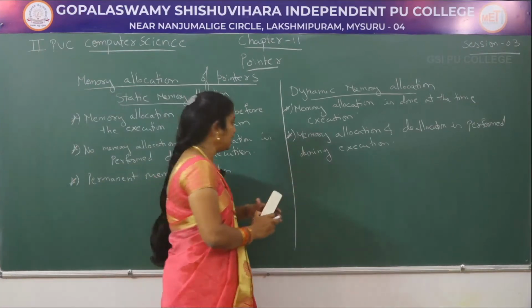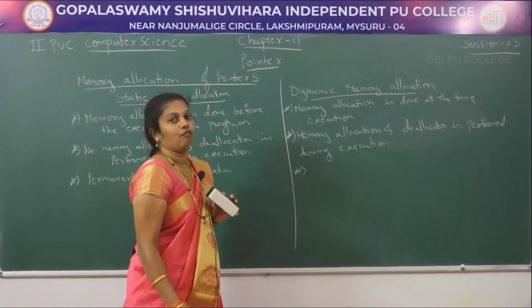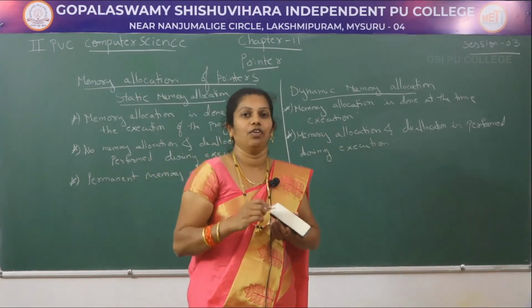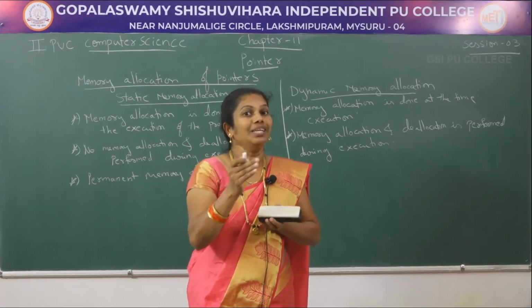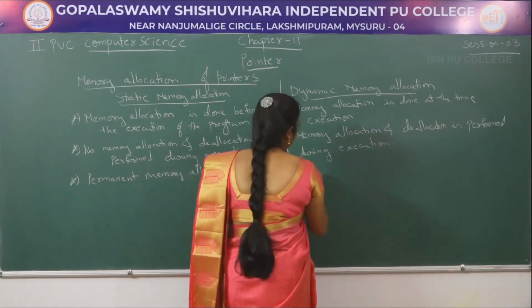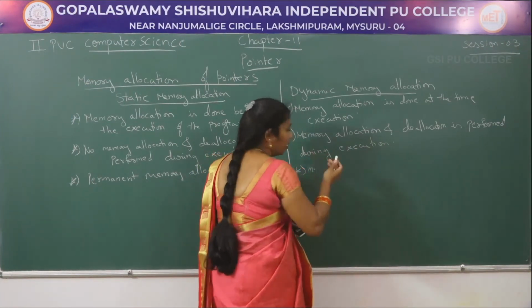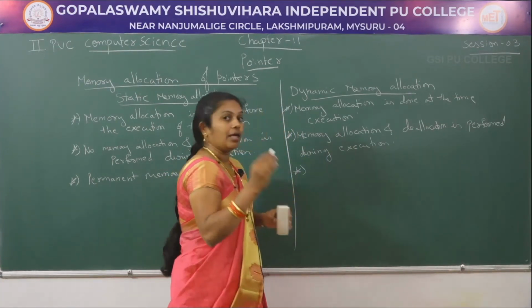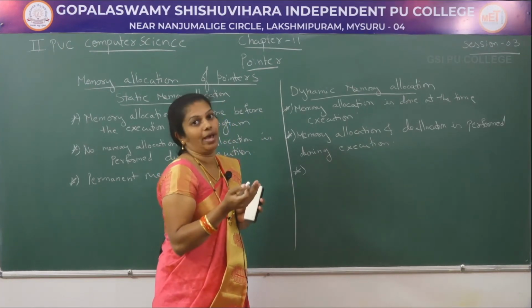Whereas when we come to dynamic memory allocation, it is temporary. Whenever the program is active, only at that time the memory will be allocated. Whenever the program unit is active, memory is allocated or deallocated depending upon the variable. Here it is active only when the program unit is required.